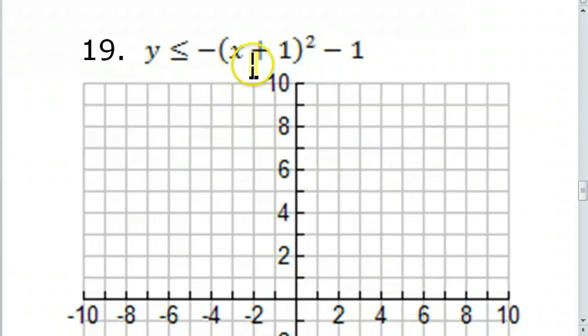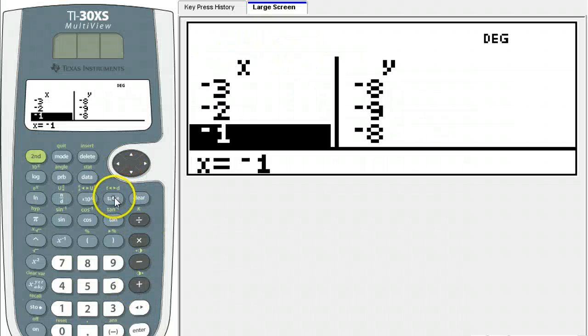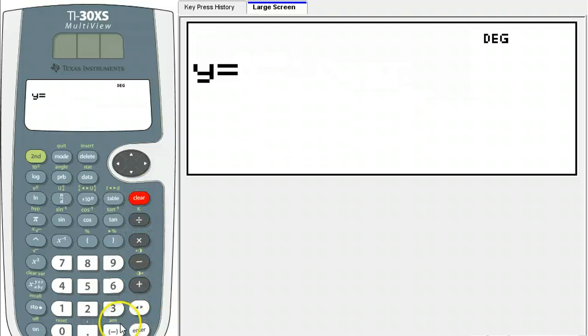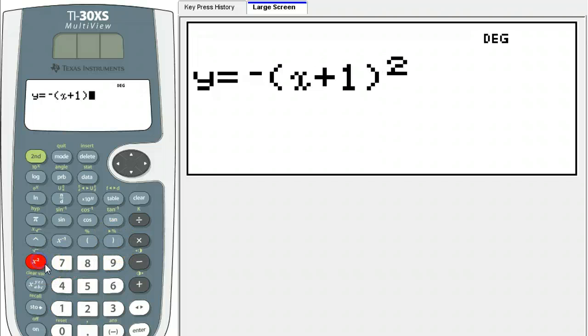Once again, put this into your calculator and get your table of values. You ready to read it to me? What was it? Negative, parentheses, x plus 1, parentheses, greater, minus 1. Like that.